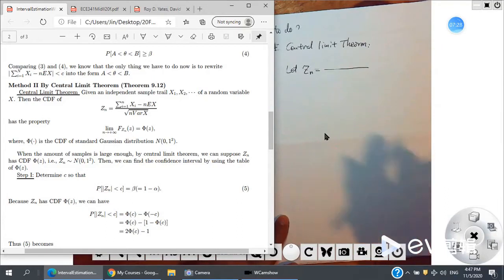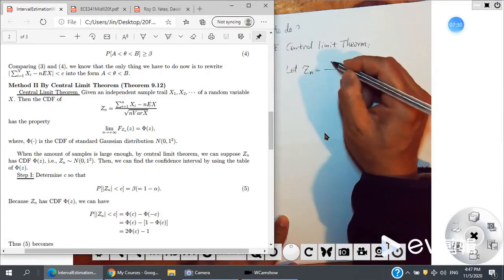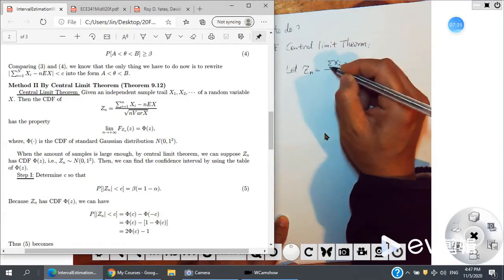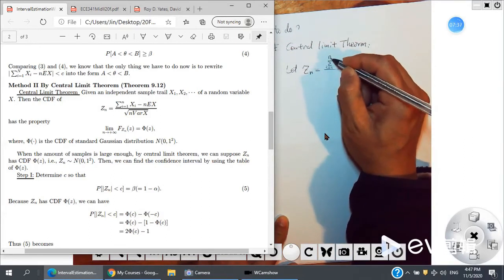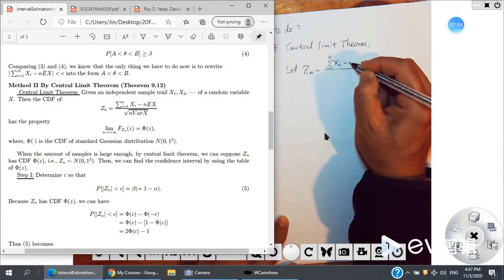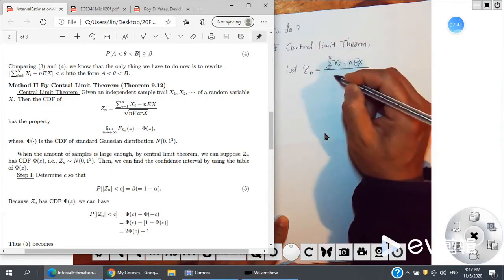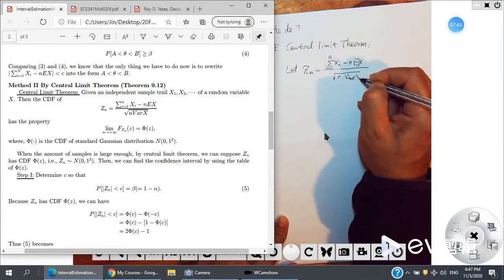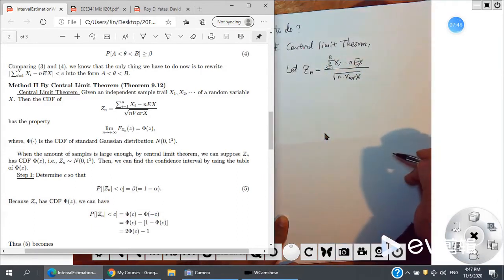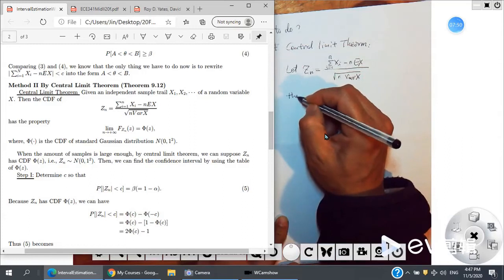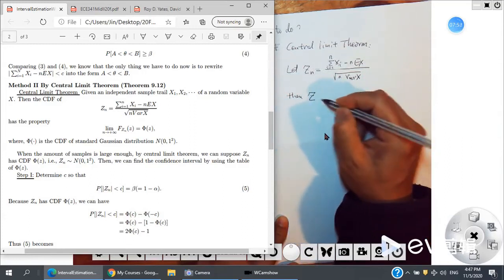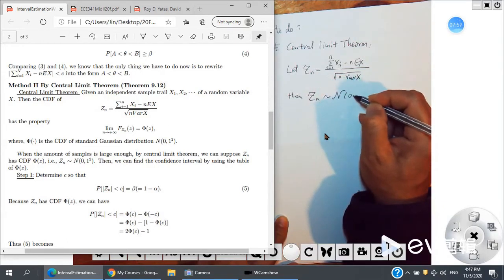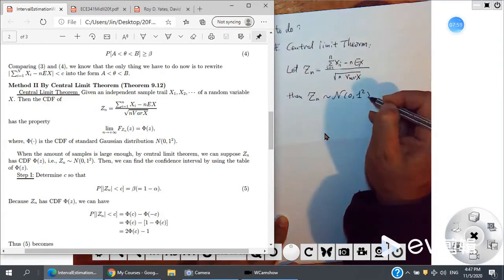Yeah, we have Zn, which is a summation of all of these xi, because i runs from 1 to some n, minus n times E[x] over square root of n times variance of x. Let Zn be like this. Then Zn is also a random variable, and it will obey the normal distribution with zero mean and unit variance. Now we have this.